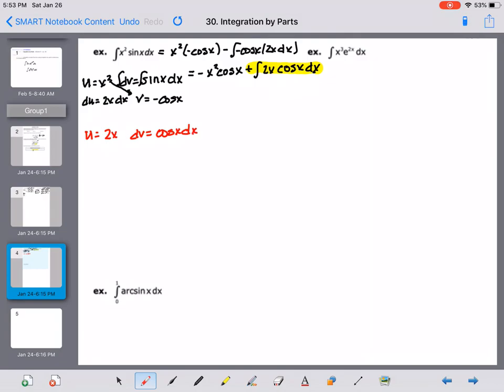Okay. So I'm going to take the derivative of the first one, so I'm going to get du equals 2 dx, and that's nice because my x is going to cancel out. That's going to be really nice because I'm not going to have to do integration by parts again, because that 2x from the previous one was a problem. And if we integrate the first part, we get v equals sine of x.